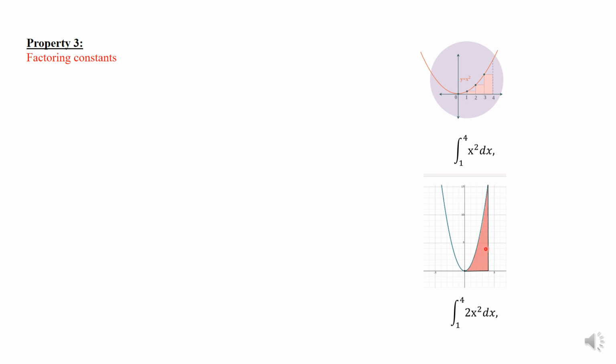Also a parabola, the shape of the curve does not change by multiplying x squared by a constant 2. And this is our idea. Now let's check what will happen to the area when we multiply the function by a constant.